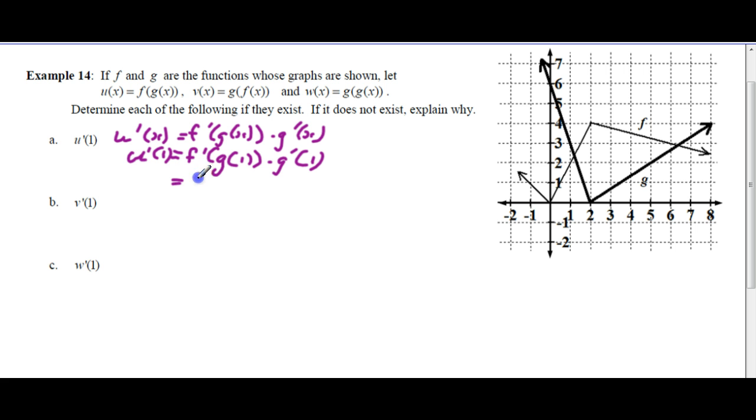Okay, so that's f prime of g of 1, so here g of 1 is 3. So we need f prime of 3, g prime of 1, so that's this slope, and this slope is negative 3.